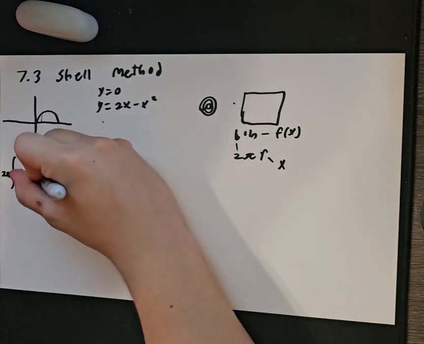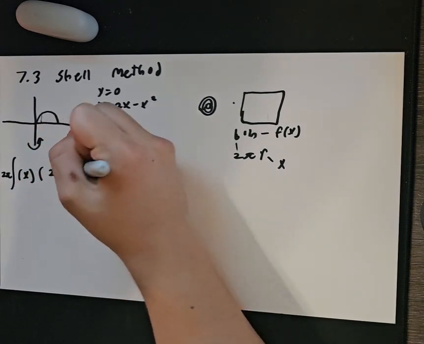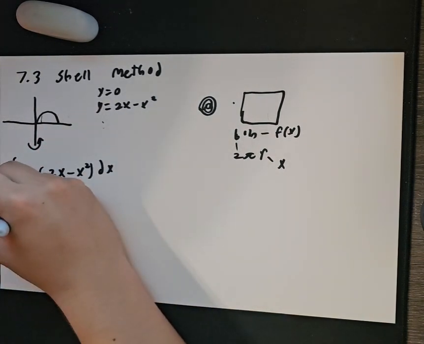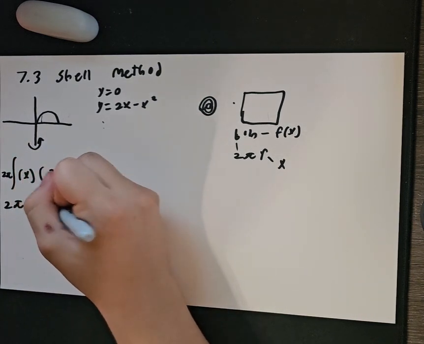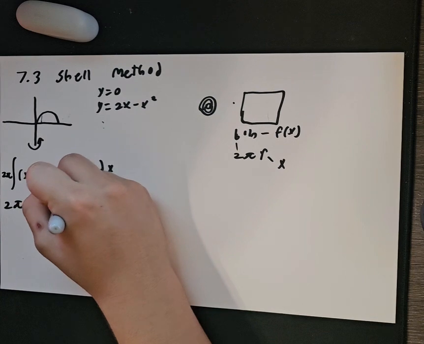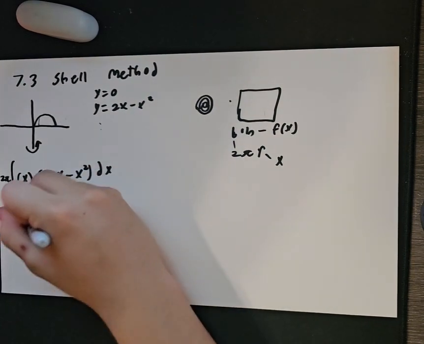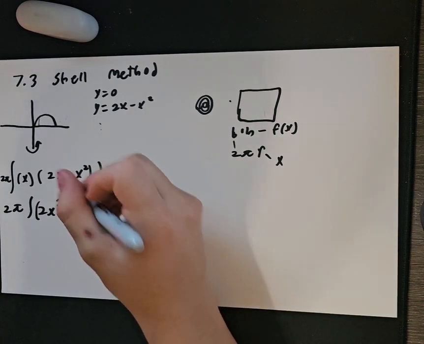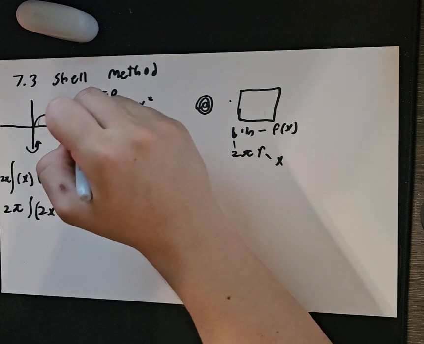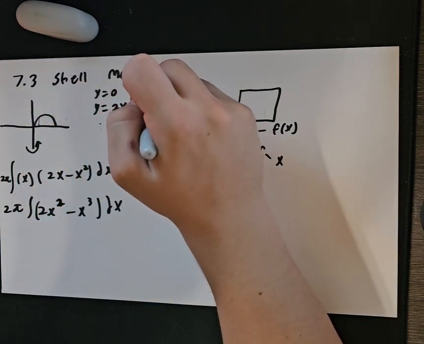Our height is our function, 2x minus x squared. This is times dx, 2x squared minus x cubed dx, right?